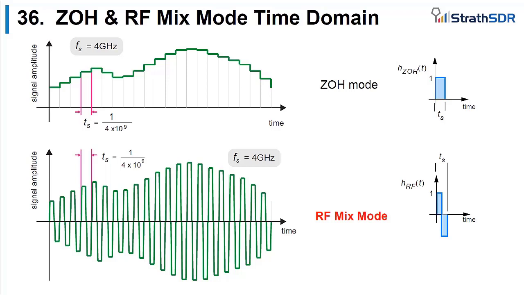We've switched the signal to an equivalent negative amplitude during each sample period. Then we get the signal, which looks a little bit like an AM modulated envelope, and it is to some extent. And of course, you can see the original analog signal in here for the zero order hold, and you can obviously see the same envelope shape for the mix mode.